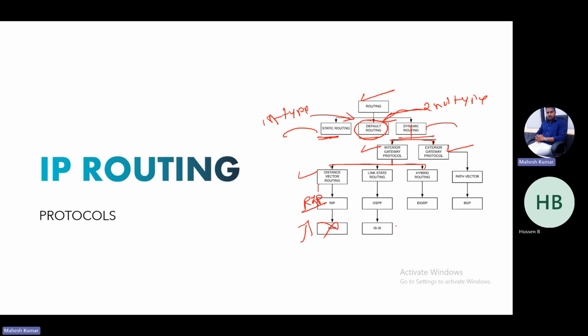ISIS you might get somewhere by any chance. Otherwise it is not used, because it is generally used on the ISP side. OSPF is an updated version of ISIS. In the same way, EIGRP is individual. It is a combination of both RIP and OSPF, a flavor of both.